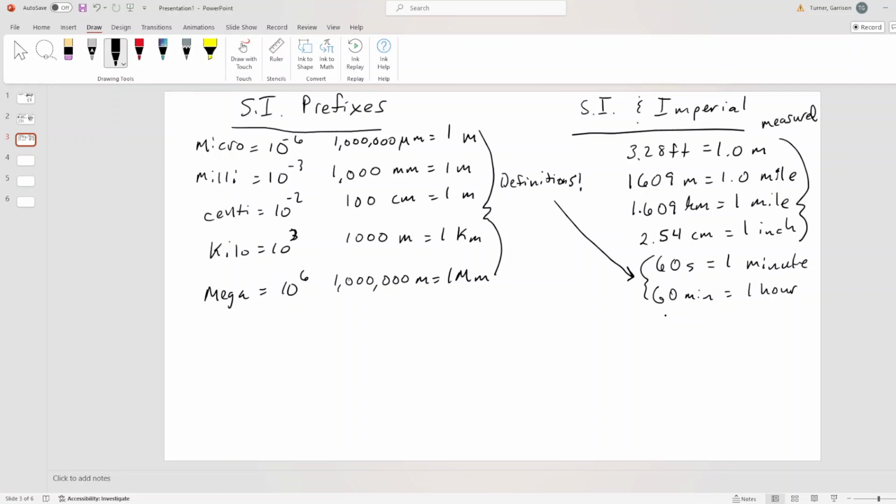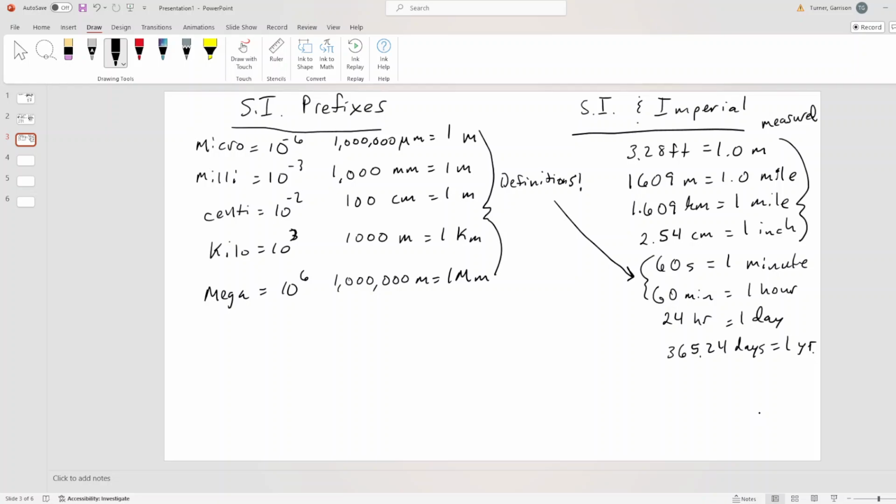And then, of course, there's 24 hours in a day. There's some ambiguity there depending on if you're using a sidereal day or a synodic day, but we won't get into that. And then there's 365.24 days in 1 year, and so on.